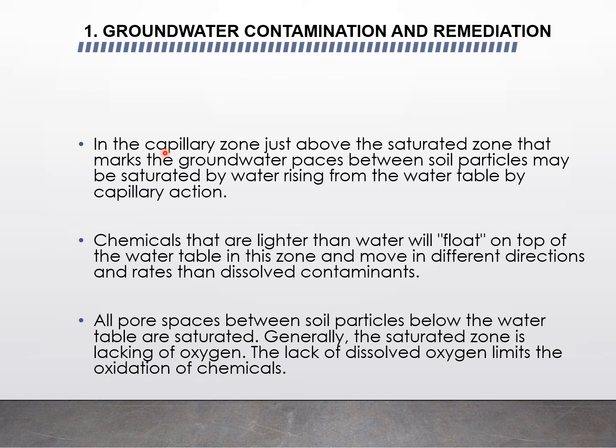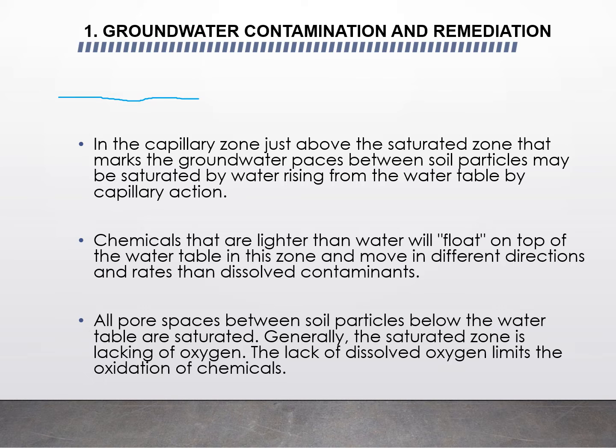in the capillary zone, just above the saturated zone that marks the groundwater phase, the spaces between soil particles may be saturated by water rising from the water table by capillary action. It means that we have a water table. I am using the blue one for the water table.